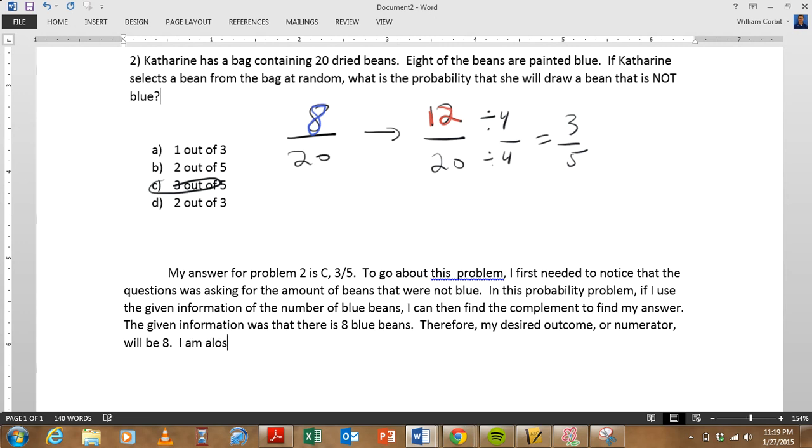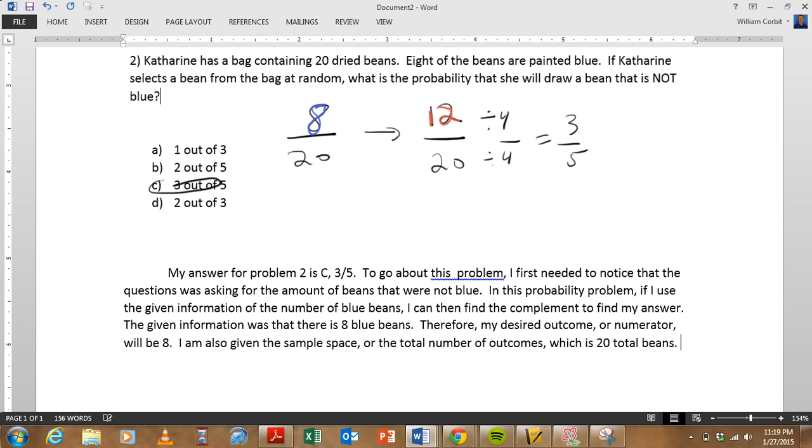I am also given the sample space, and I'm going to even define this word in my justification. I'm also given the sample space, or the total number of outcomes, which is 20 total beans.